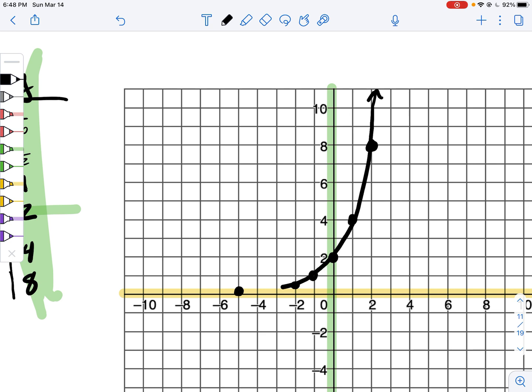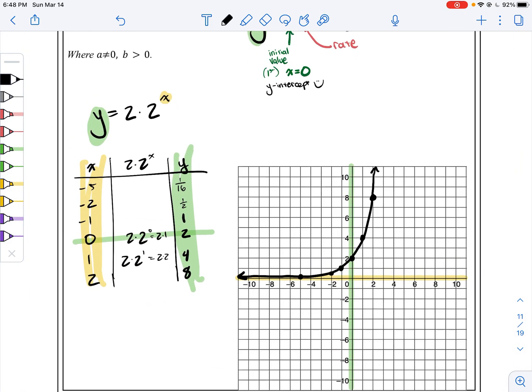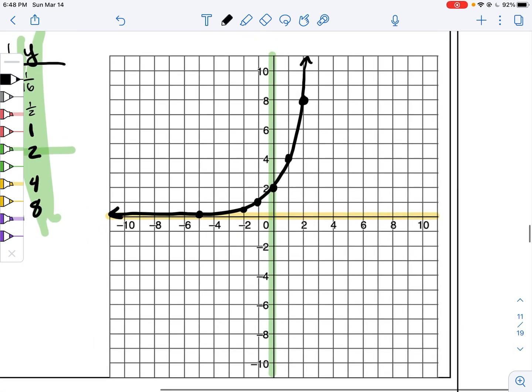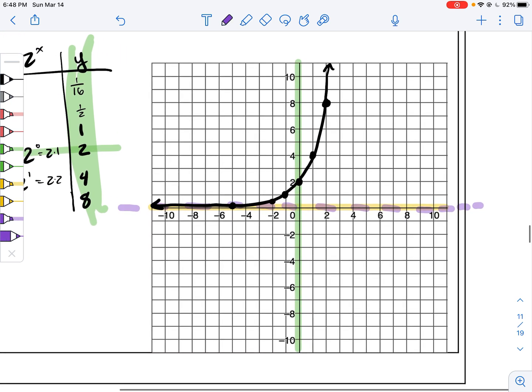But notice this guy right here just gets closer and closer to 0, but never touches. So it's like there's an invisible line right here. We have to make it dashed because no one actually touches it. This line we call an asymptote because it never touches this point.